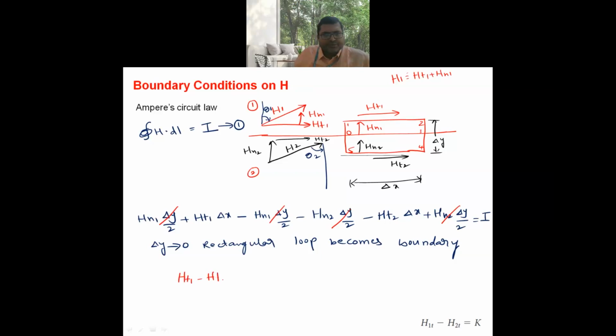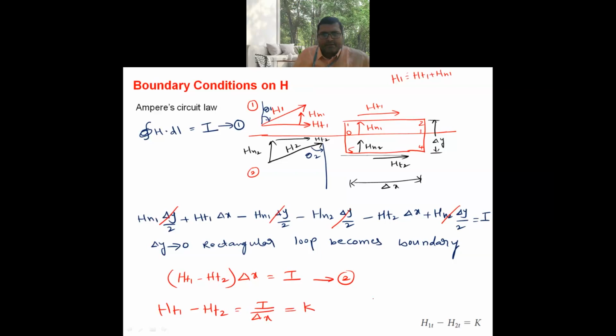Ht1 minus Ht2 into delta x is equal to I, equation 2, and Ht1 minus Ht2 is equal to I divided by delta x.